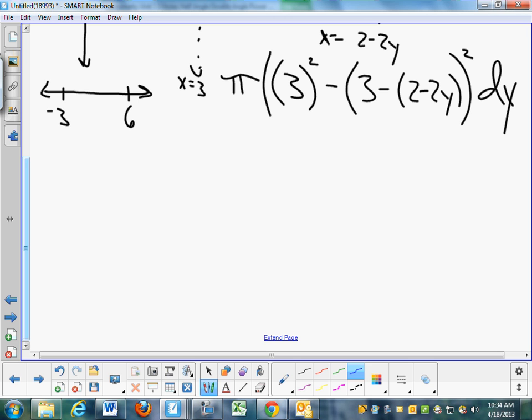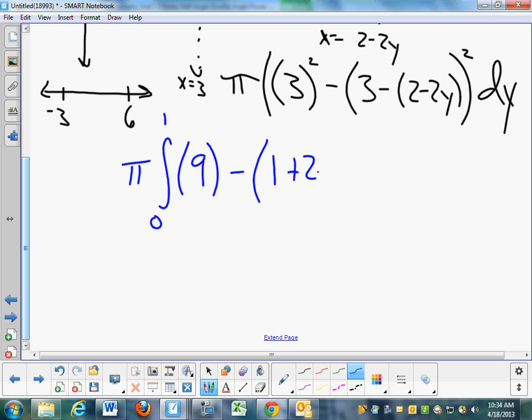So let's set it up. We've got bounds from 0 to 1. Pi times 3 squared is 9 minus, let's go, 3 minus 2 is 1. And then 3 minus 2y is minus the negative 2y.